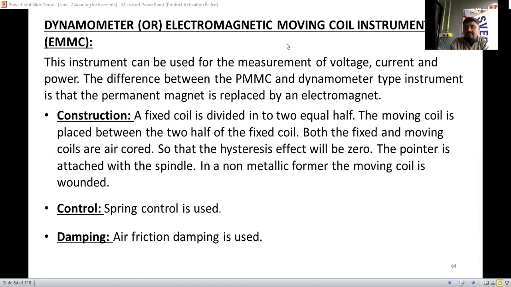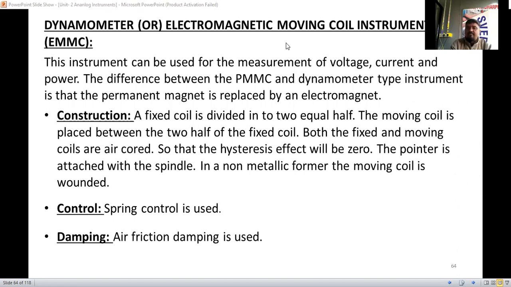But with the EMMC we can measure voltage, current, and power, all three electrical parameters. So the main difference between the PMMC instrument and this EMMC instrument is that the permanent magnet is replaced by an electromagnet. All other things are the same.